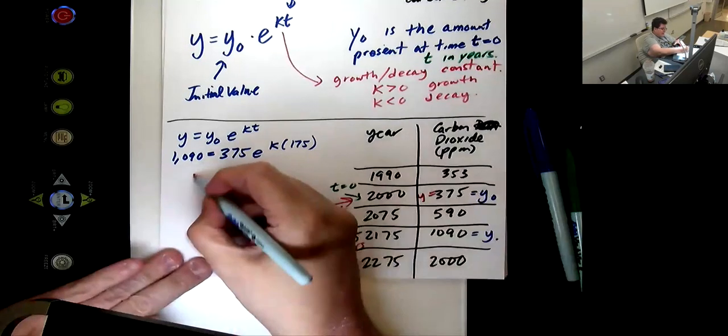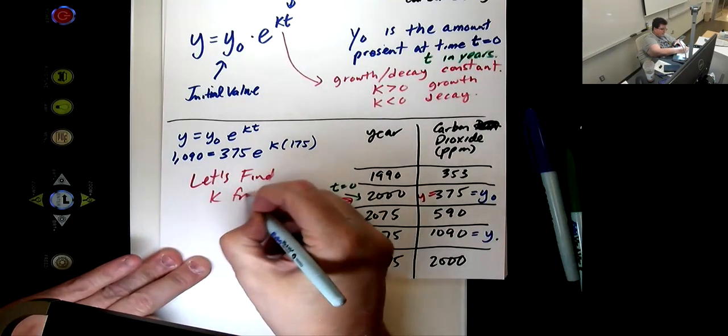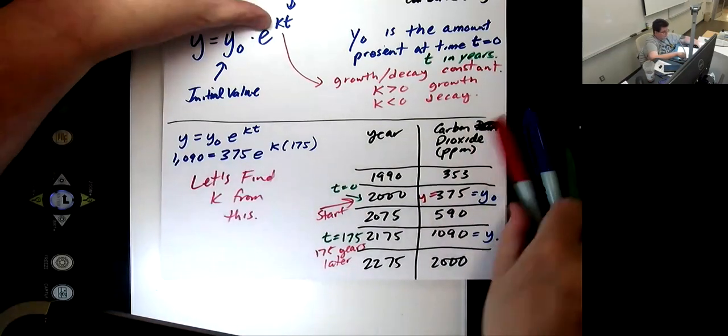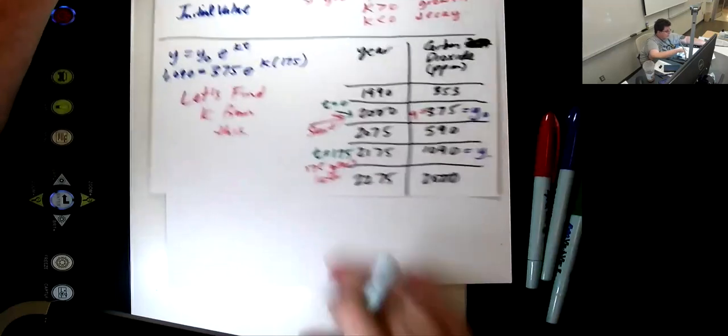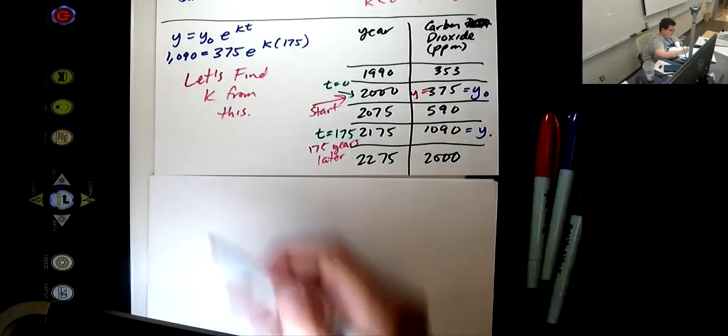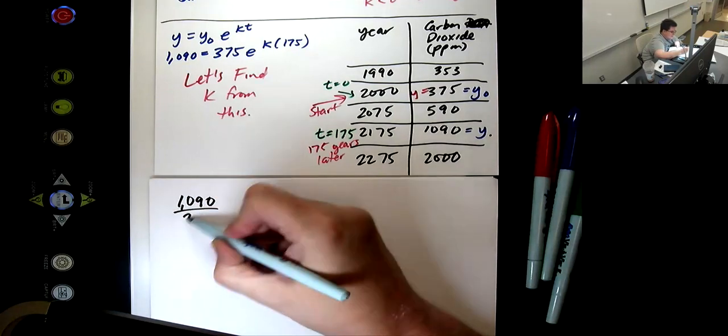So let's find k from this. I'm going to start off by dividing both sides by that 375.